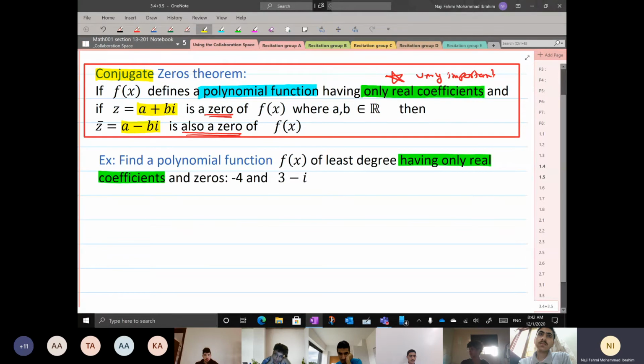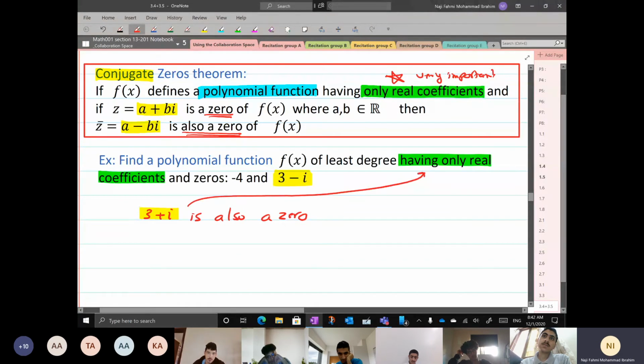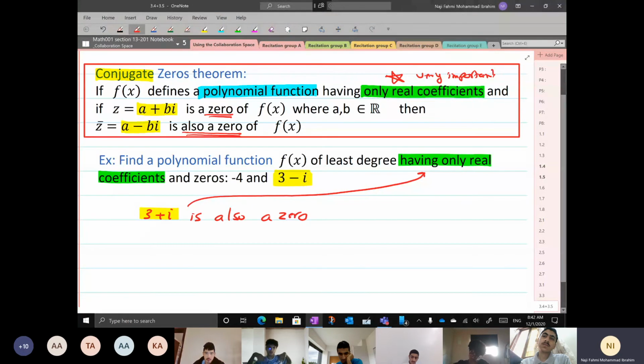Do you see the 3 minus i? So can I say that 3 plus i is also a zero? Yes. Why? From the theorem, because we have real coefficients only.